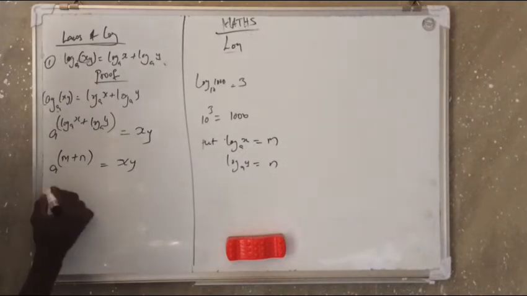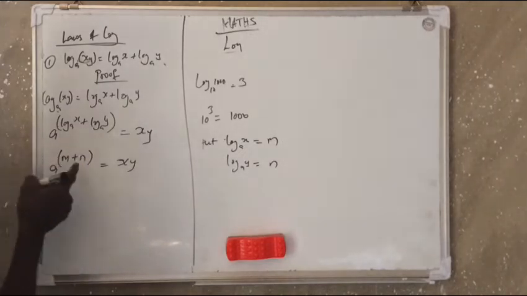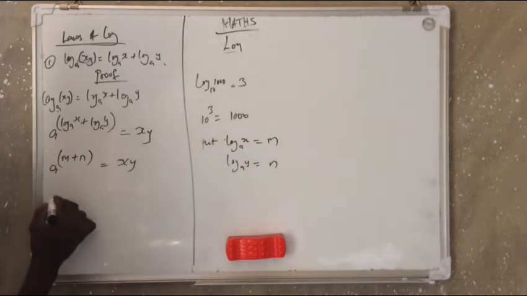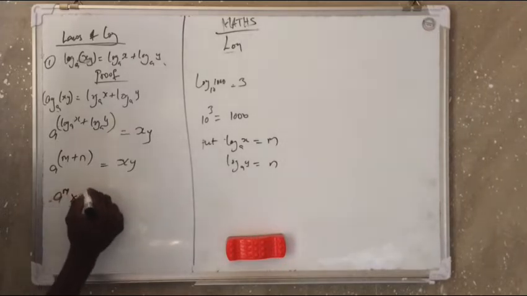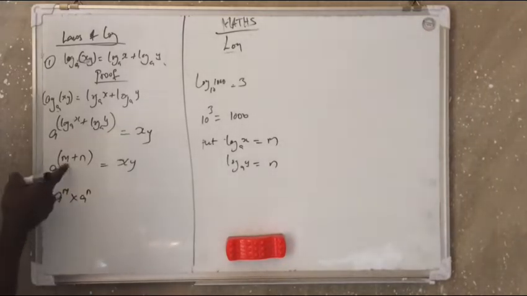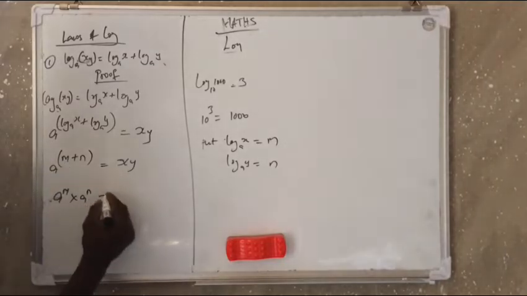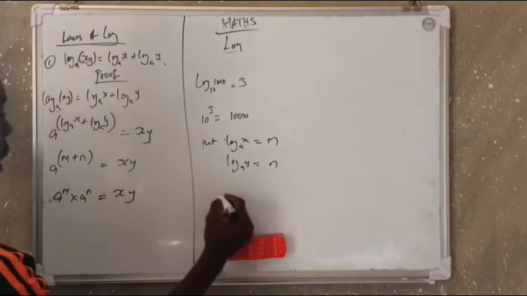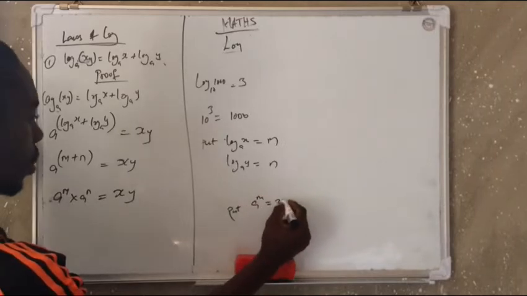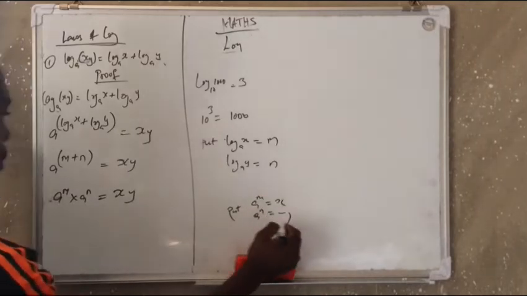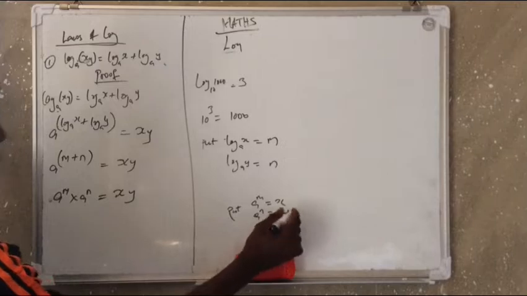Now remember the law of indices. When it is like this, it means that some multiplication went on before, like a raised to the power m multiplied by a raised to the power n, because they are the same base. That is why we got this one. It's equal to xy. You can now put a raised to the power m equal to x and a raised to the power n equal to y.